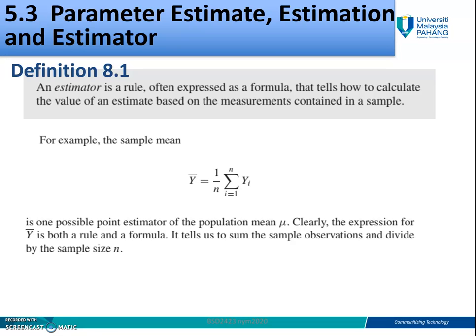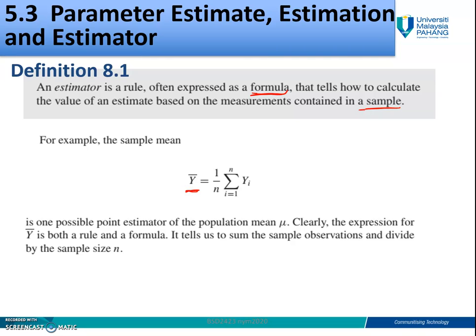Definition 8.1: an estimator is a rule, often expressed as a formula, that tells us how to calculate the value of an estimate based on measurements contained in a sample. For example, for the sample mean we have y bar, isn't it? How do you calculate y bar?